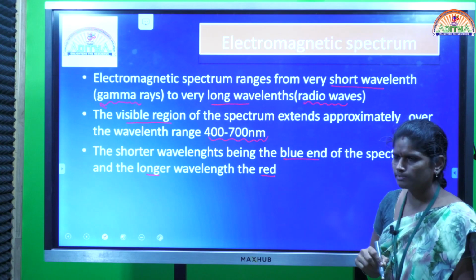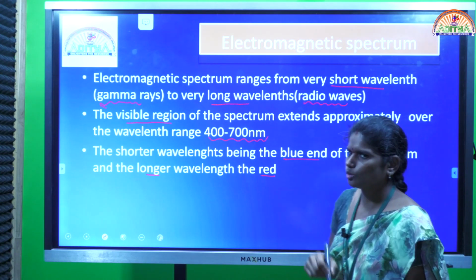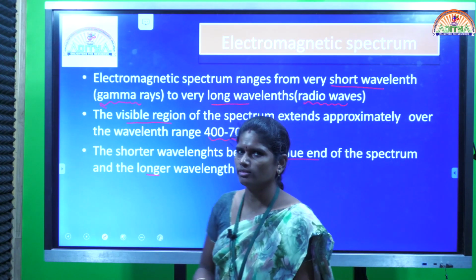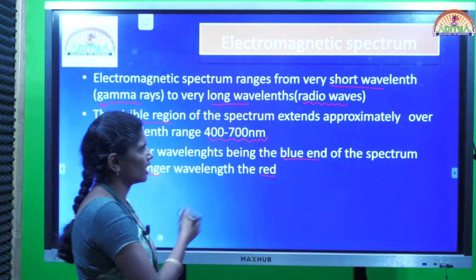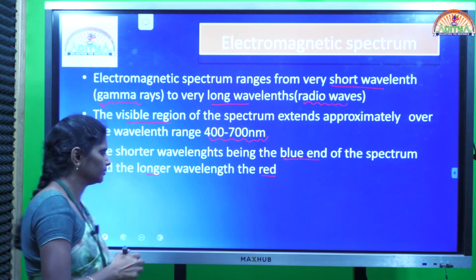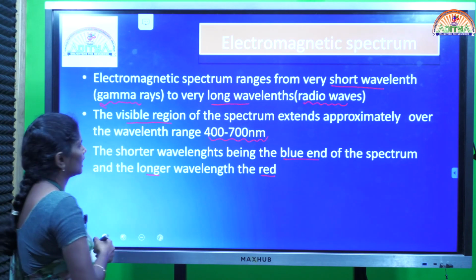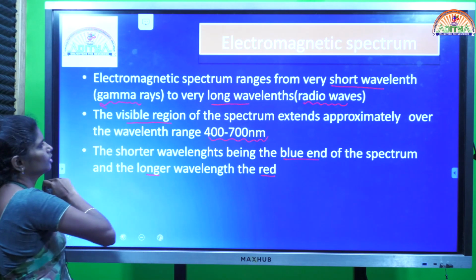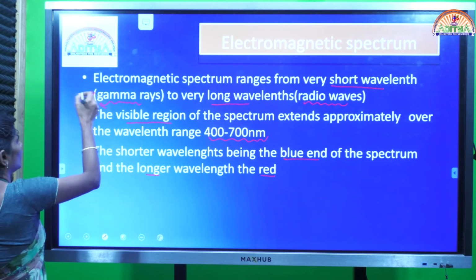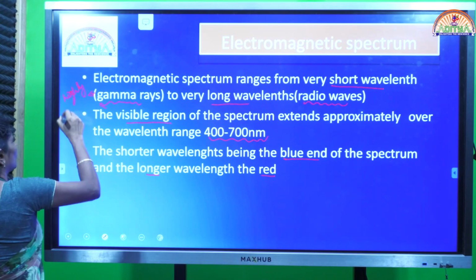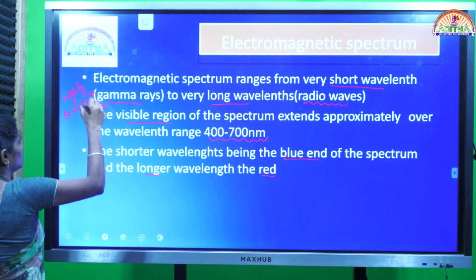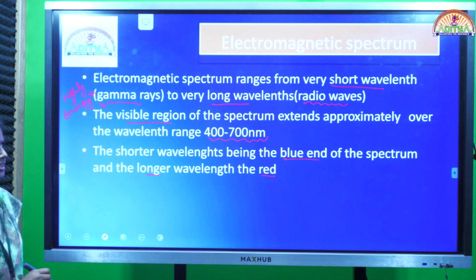So the electromagnetic spectrum contains radiations of various wavelengths starting from shorter wavelength to longer wavelength, so you can say from gamma rays to radio waves. These gamma rays, which have the short wavelength, are highly energetic in nature, so they will have more energy when compared to all other radiations.